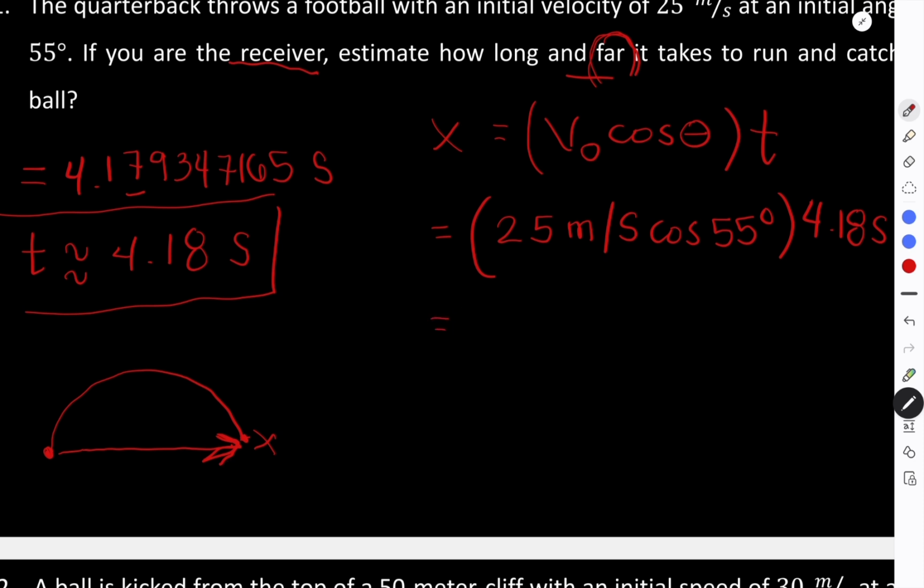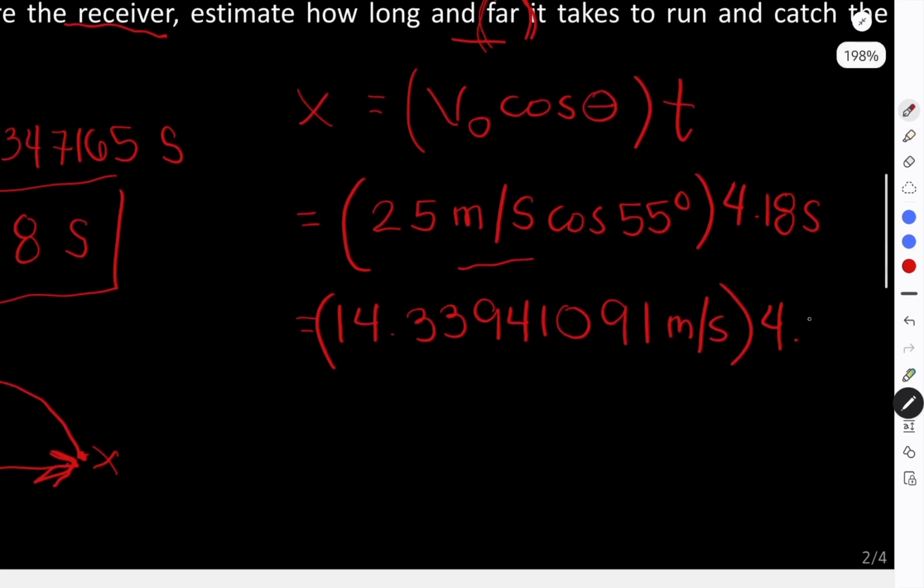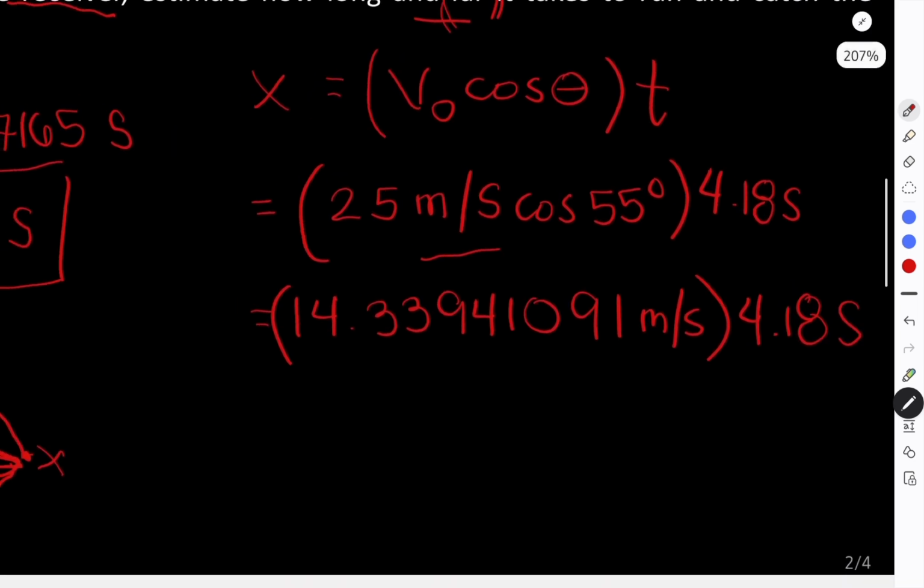Now 25 cosine 55 is 14.33941091, and we still have the meter per second, and do not forget we still have our 4.18 seconds.